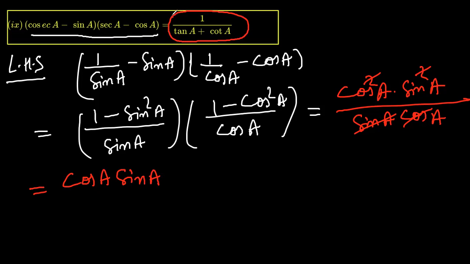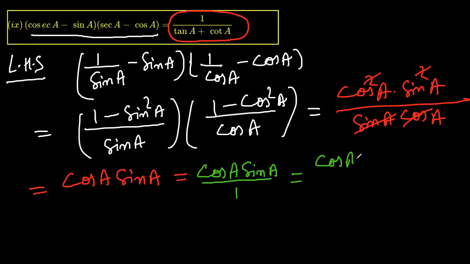So what we can do is write this as cos A sin A divided by 1, because we would like to change everything in terms of tan and cot.